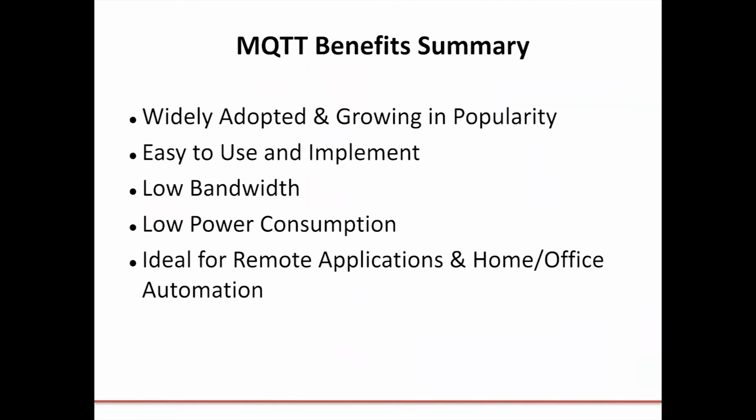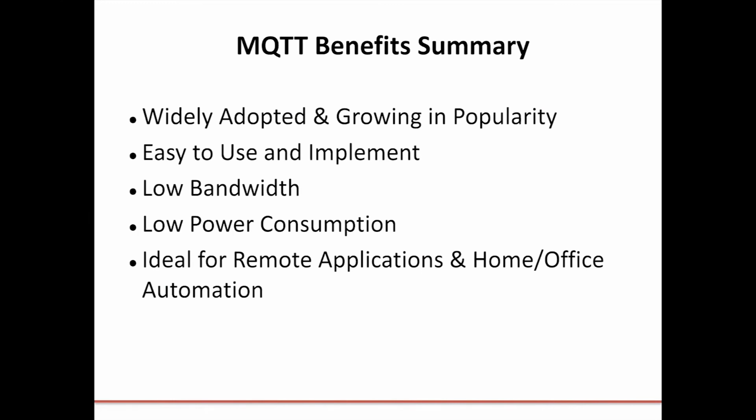So let's quickly reiterate. MQTT's popularity as a messaging protocol is growing year over year. It is already a widely adopted protocol in the IoT and IIoT fields. It is designed for low bandwidth and low power consumption implementations, making it a great choice for not just home and building automation, but also for the oil and gas field or any large-scale implementation where bandwidth or network reliability is a concern.